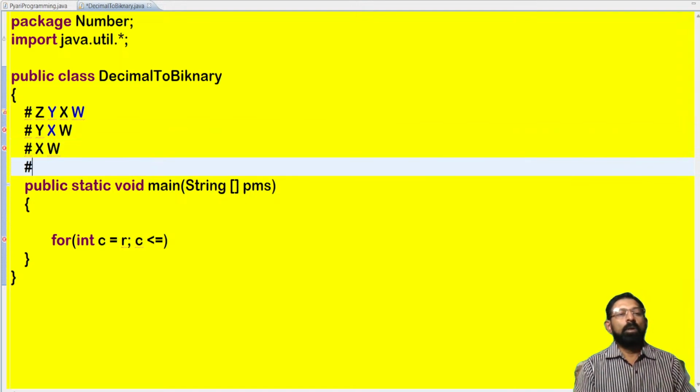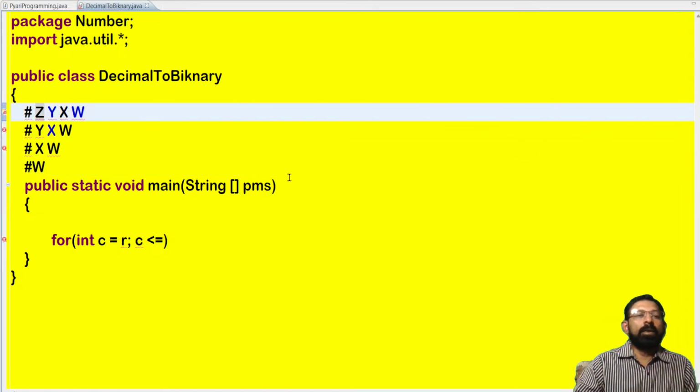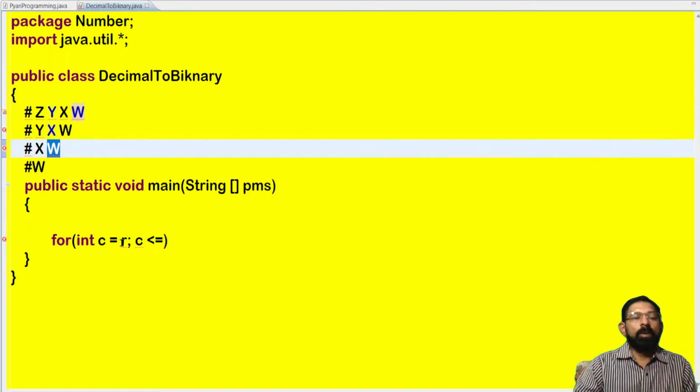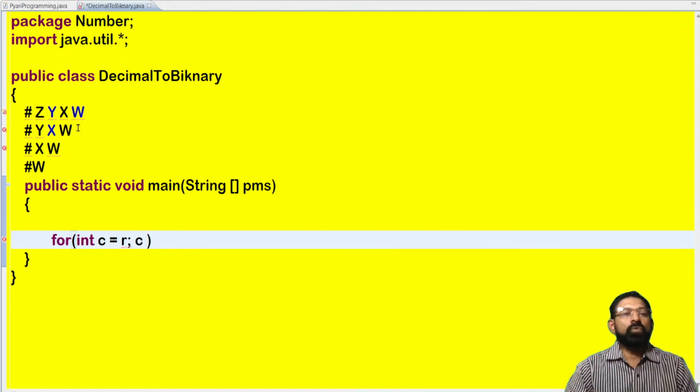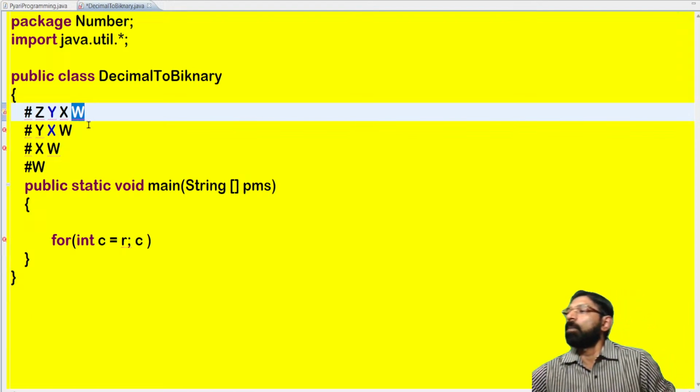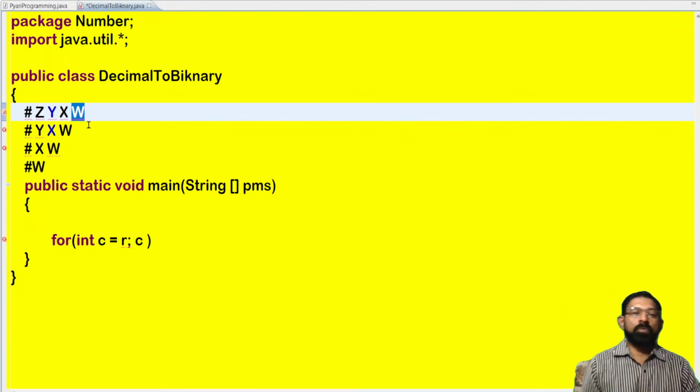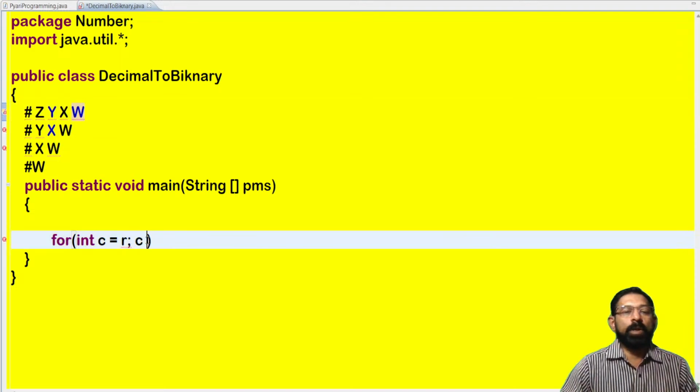Next time it was W. So look at this. Right hand side is having a fixed value. That's why I cannot decide over here at this moment. But I know that the last one is W. Stopping condition is W. So that's why I will put W over here.